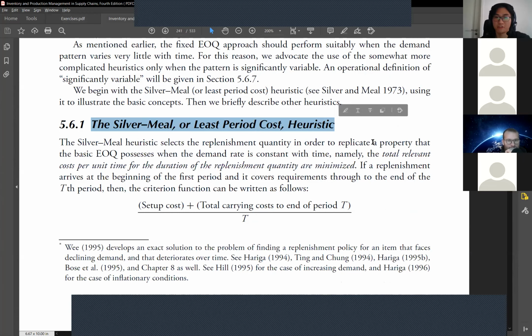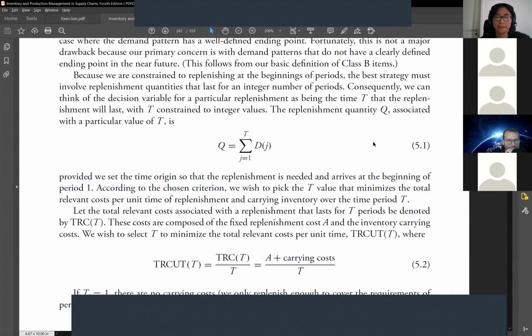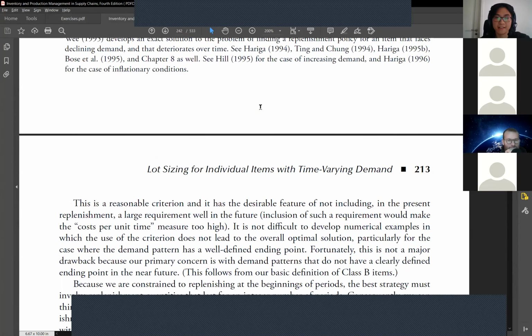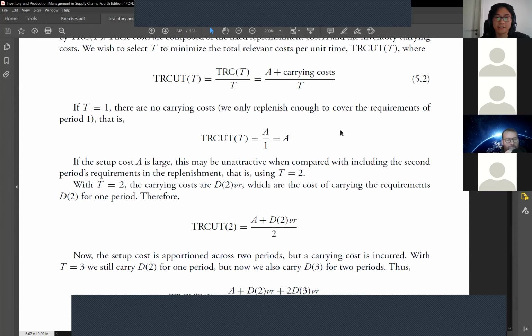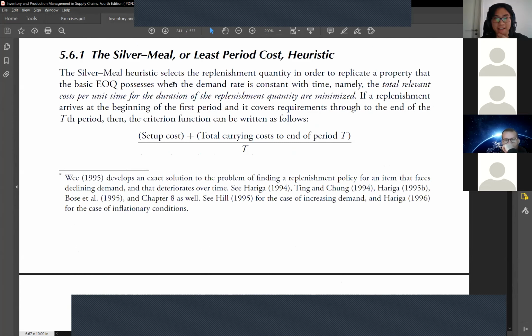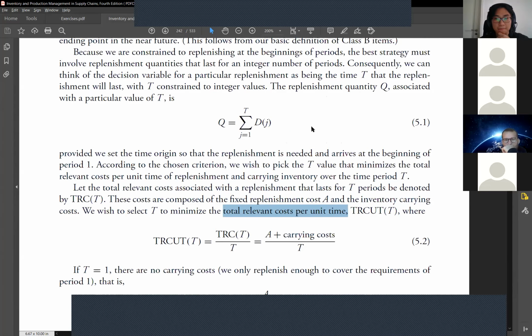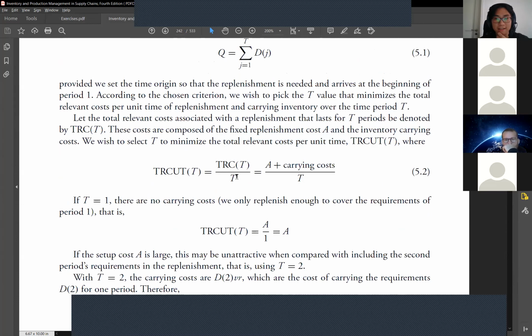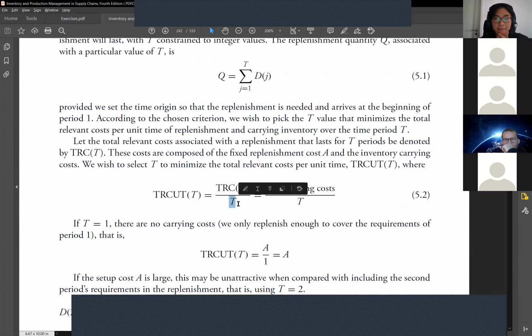The silver meal heuristic. You can basically ignore everything that is said here and just look at the formula. The idea is to calculate the total relevant costs per unit time. First of all, the idea is to calculate some T, which is in terms of time units.